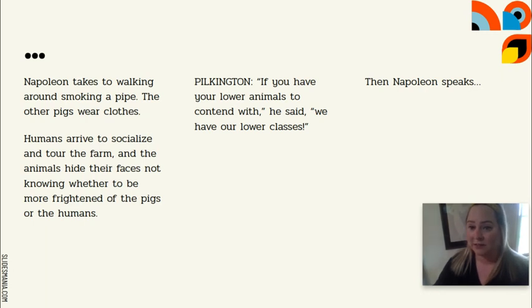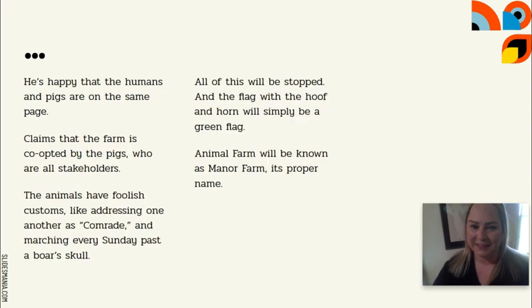Then Napoleon speaks, and he says he's very pleased that the humans and the pigs are on the same page. And in fact, he cannot take all the credit because the farm is co-opted by the other pigs, meaning that they share in ownership and profit.